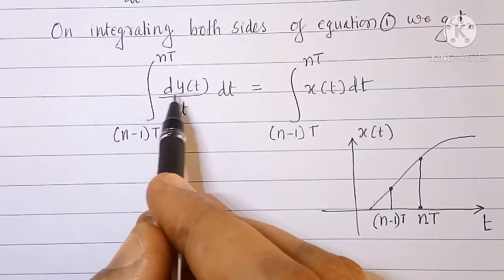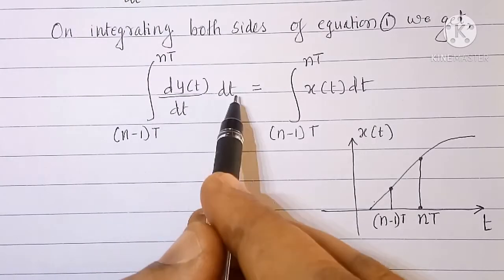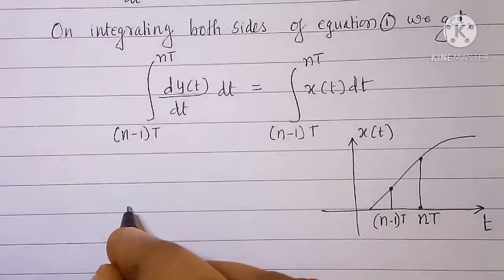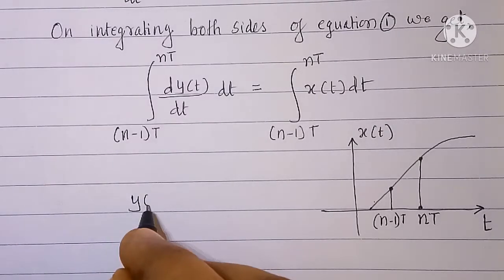But what is the integration of d y of t by dt into dt? It will be simply y of t.